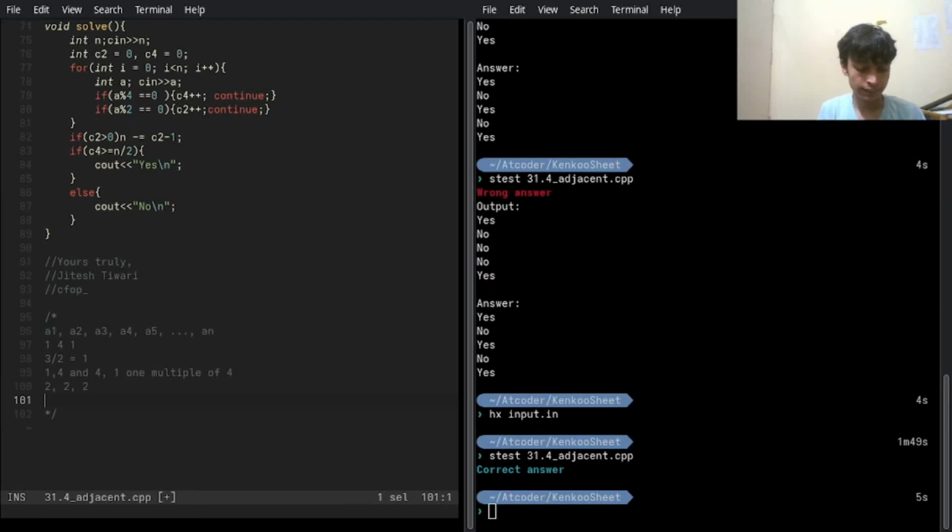Then, to explain this, I guess this is a positive case. So first arrange all the multiples of 2.